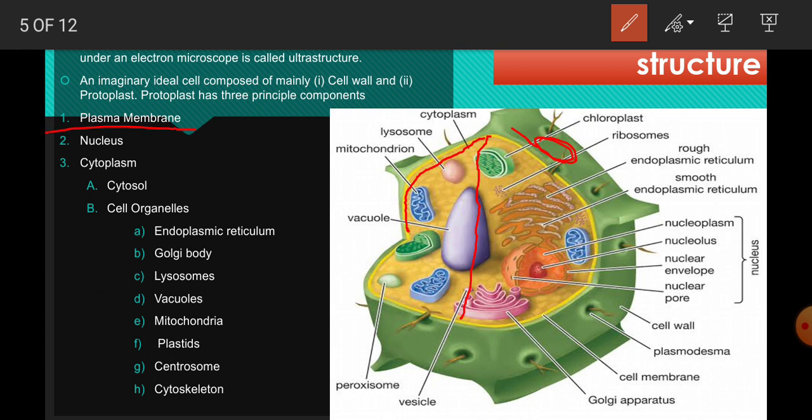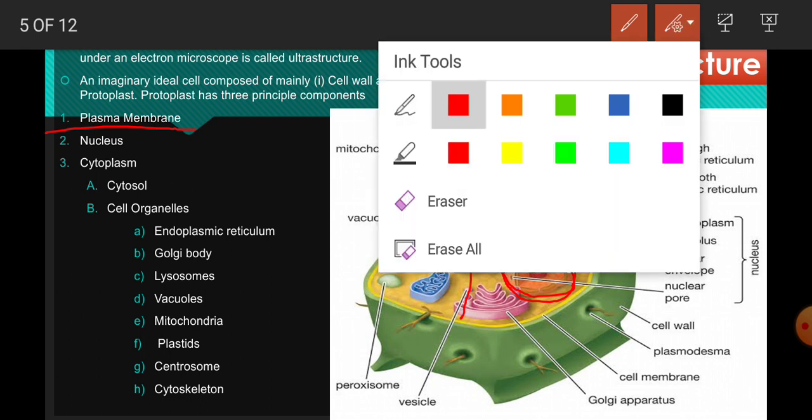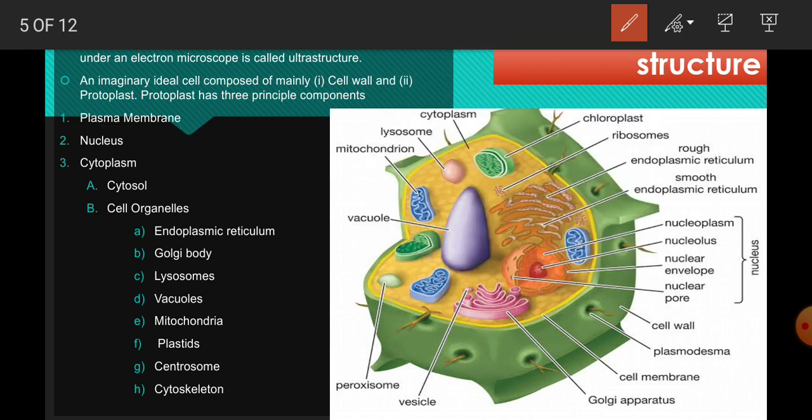And the master of organelles is the nucleus, and all the parts other than the plasma membrane and nucleus are cytoplasm.